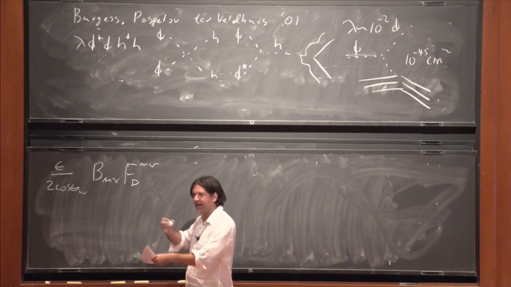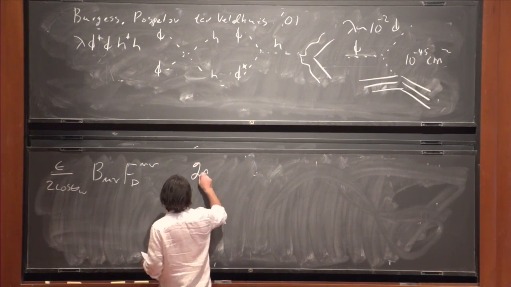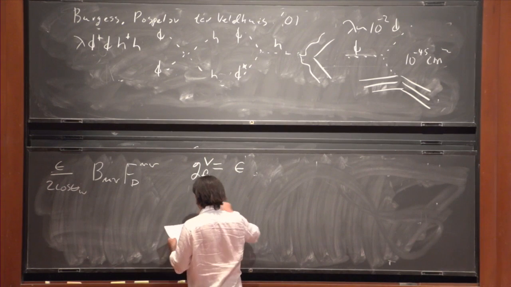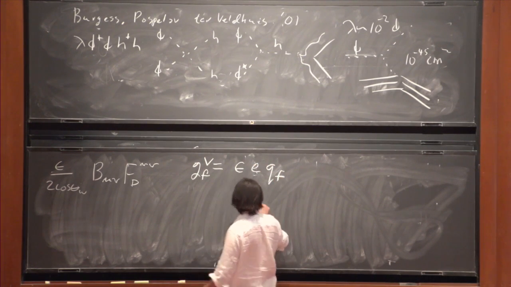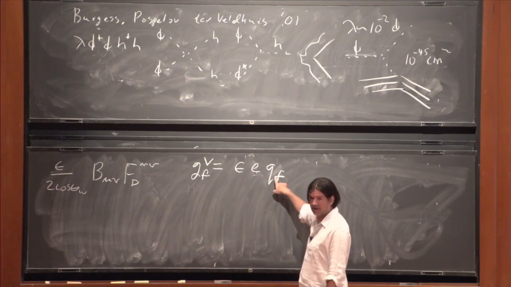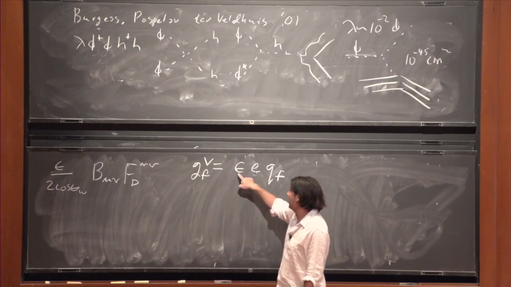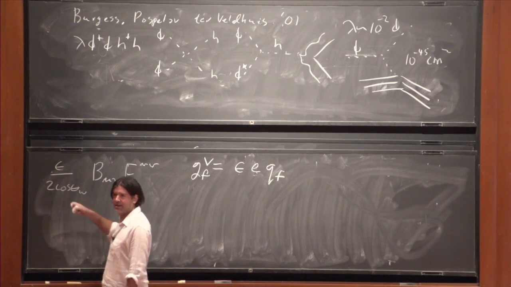When you diagonalize that, you end up where the standard model fermions couple to the dark photon with something proportional to their electric charge, the electric coupling constant, their electric charge, whatever it is, 1, 2/3, 1/3, and epsilon, this small parameter here, which is typically something like 10 to the minus 3 or smaller.